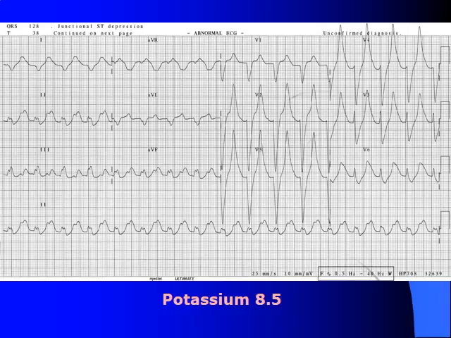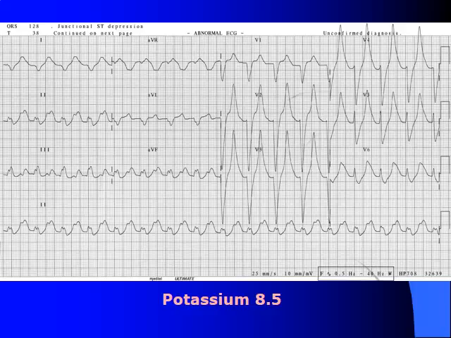Okay, so here we have a little more dramatic representation of our potassium level recognizable on the EKG. This is a potassium level of 8.5. We do see some widespread ST elevation with our peaked T waves.